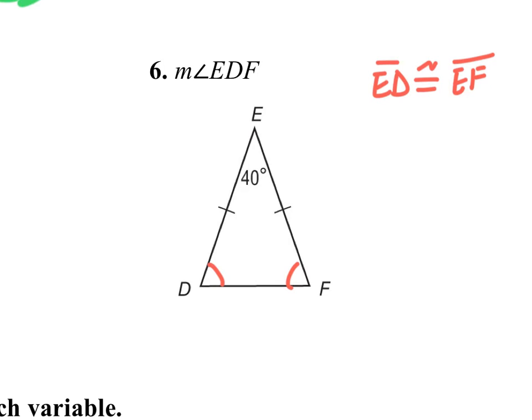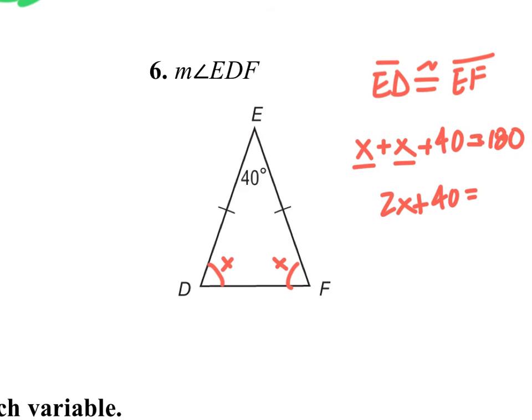I'm going to call this x because I don't know what it is. I have to assign it a variable. If I add x and x together, those two angles, and add 40 to that, then I'm going to get 180. Combining like terms, I get 2x plus 40 is equal to 180.